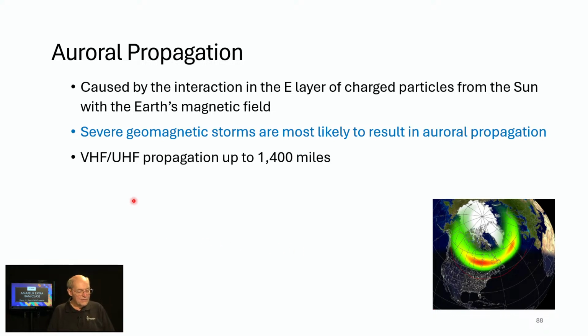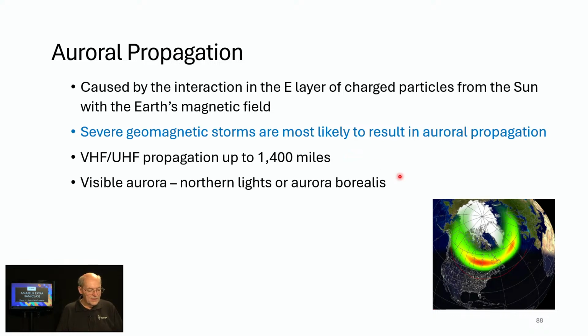So VHF and above propagation can be up to 1,400 miles via auroral propagation. Again, something you'd never expect. The northern lights are also an effect of the particles that are coming in from the sun.